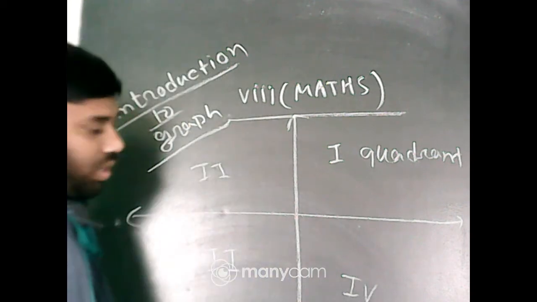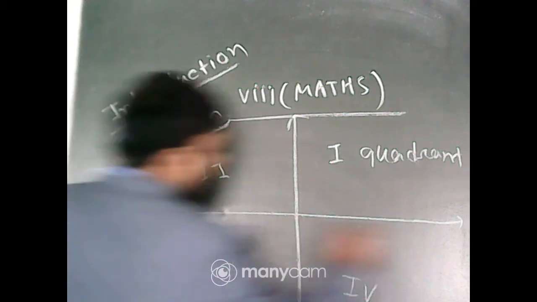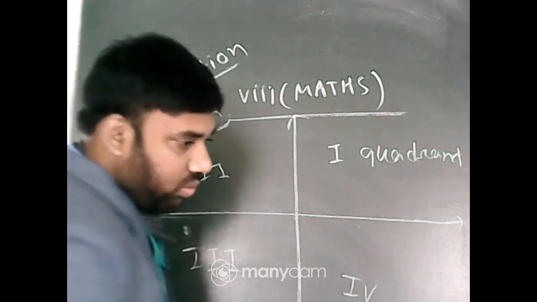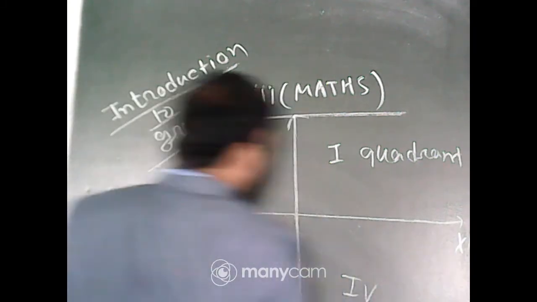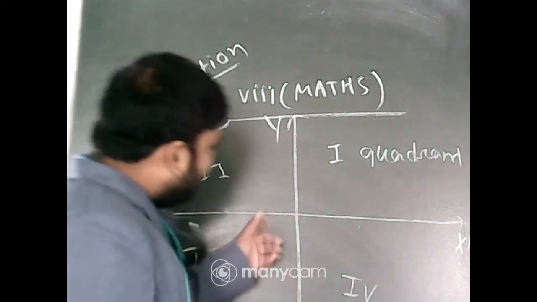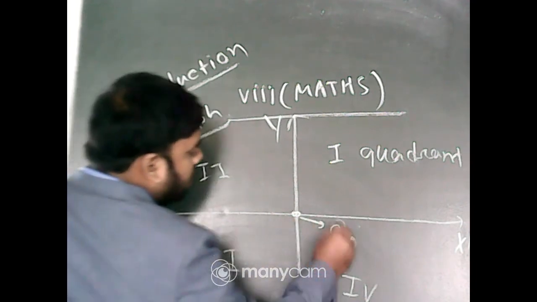The horizontal line is called the x-axis. The vertical line is called the y-axis. And these 2 axes meet at a point. That point is called the origin.